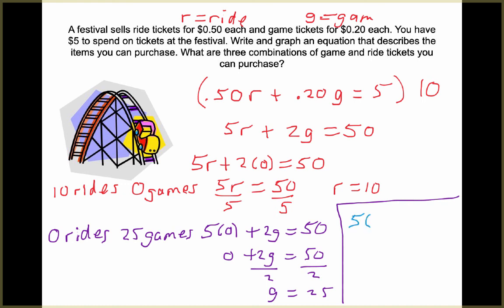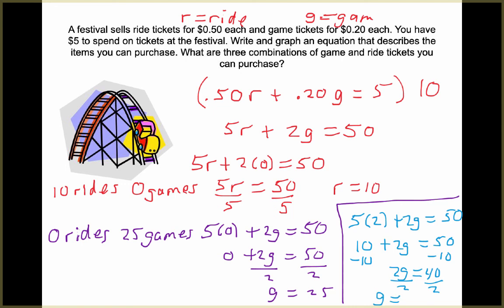So we have 5 times 2 plus 2g equals 50. We have 10 plus 2g equals 50. Subtract 10. We get 2g equals 40. Divide by 2, and g is 20.